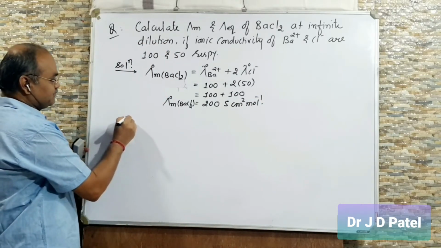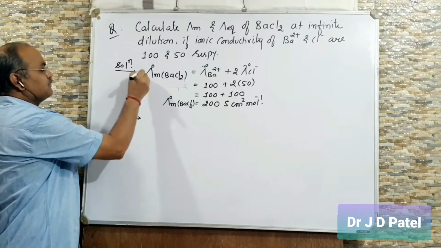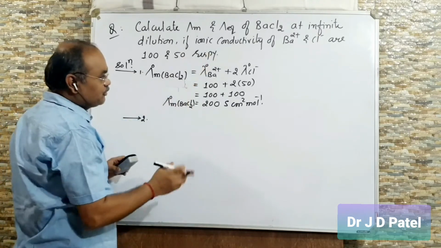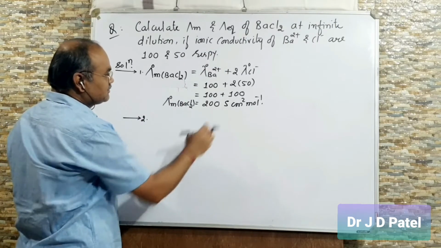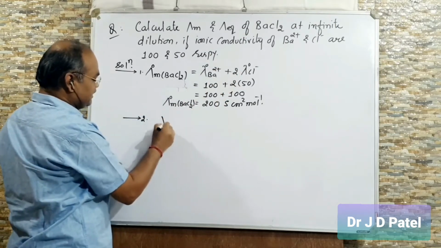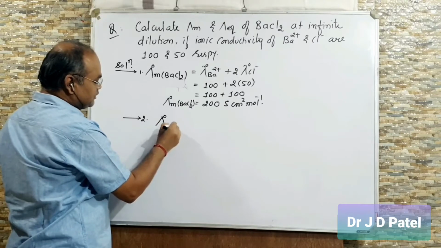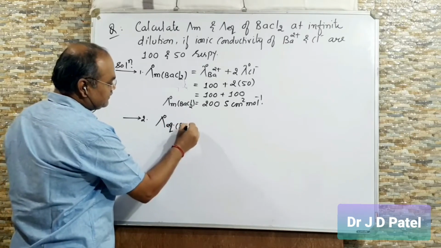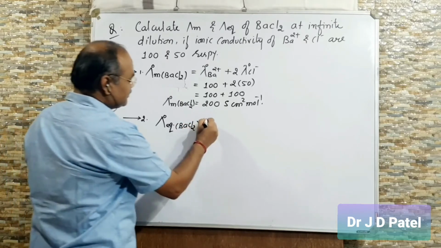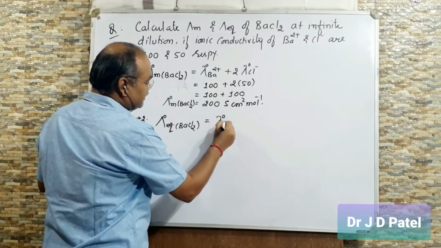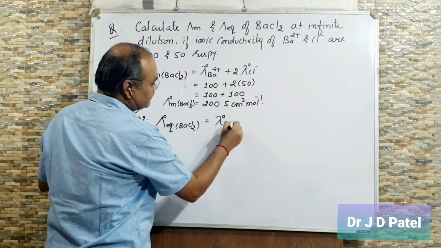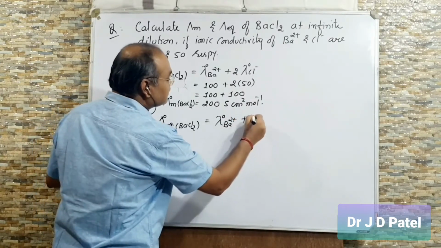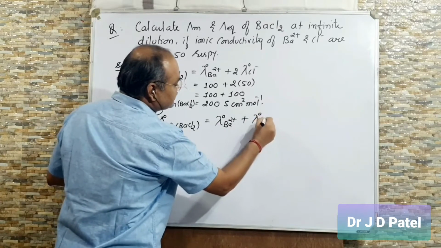Same way, you can calculate equivalent conductivity. I told you it is not given, but numericals are being asked. So for equivalent conductivity, lambda 0 eq, eq means equivalent conductivity of BaCl2. This will be equal to the ionic conductivity of Ba2+ plus the ionic conductivity of Cl minus.